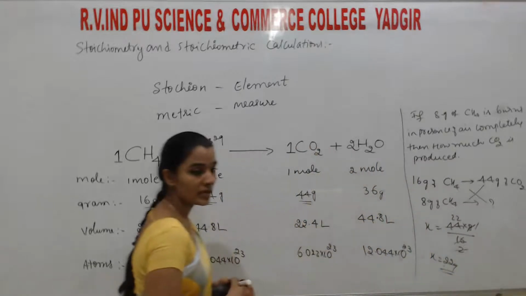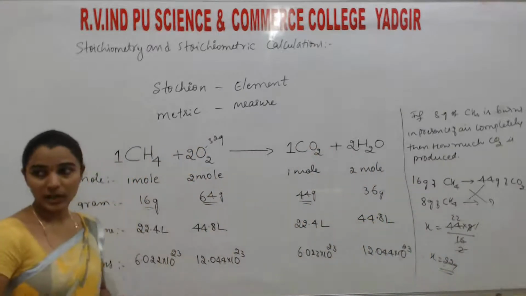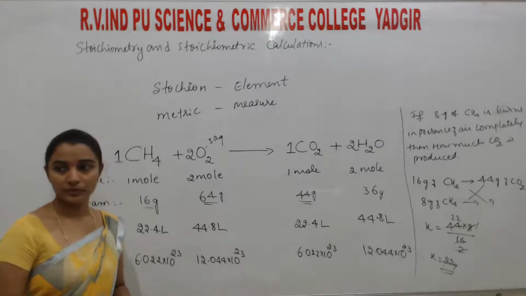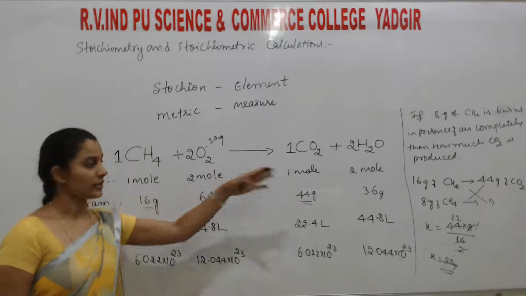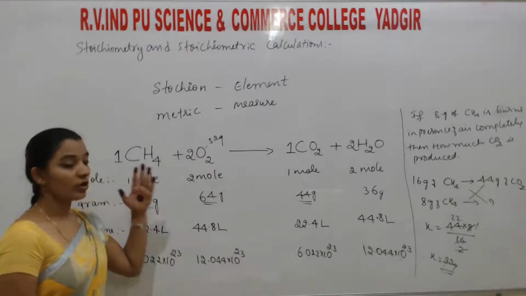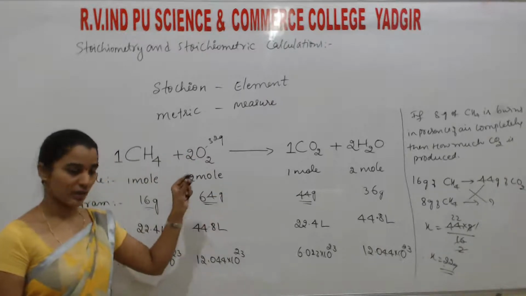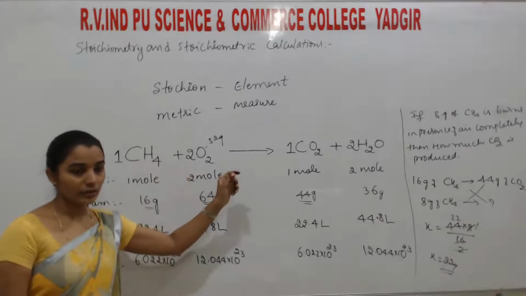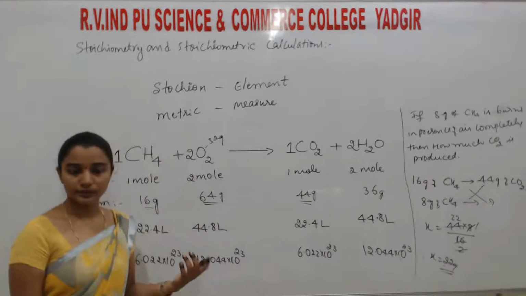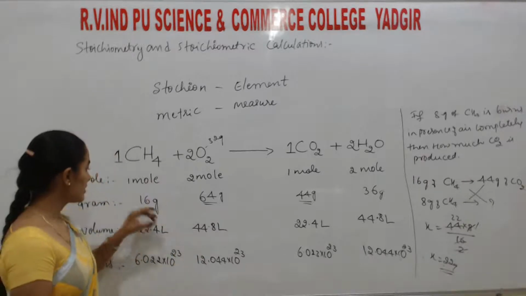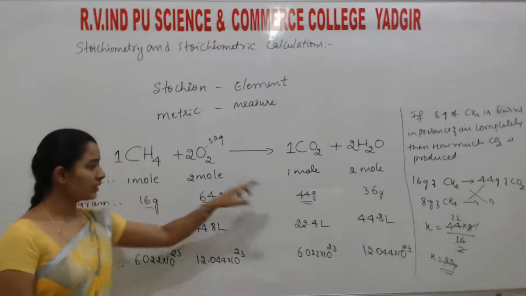By seeing this reaction, you can easily say how many grams will be produced. Understand? This is what stoichiometry is. What is stoichiometry? Measure of the elements: how much element is required to give the respective amount of a substance or a product. Understood? So this is what comparing with this and this.